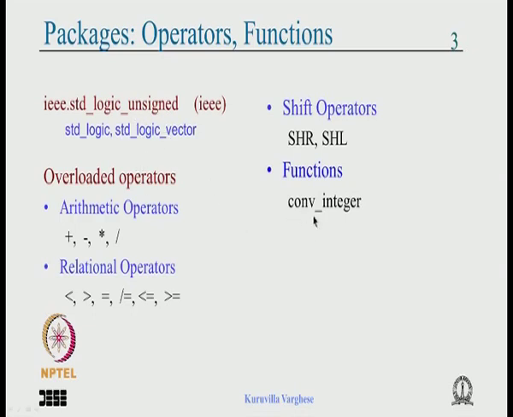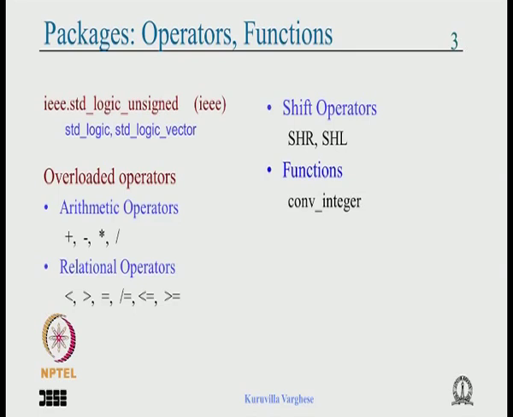That is what this does. Given a standard logic vector, you can give it as an argument to this function, and it will return the integer, which is very useful, as I mentioned, for example to refer to indexes of a memory array and things like that.